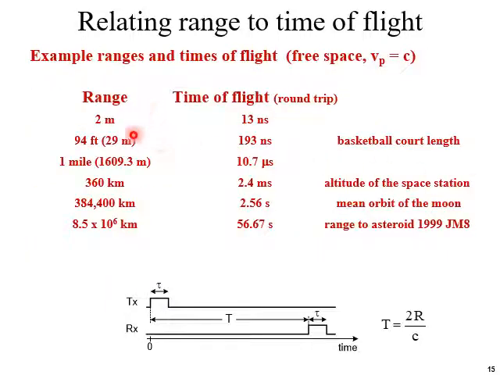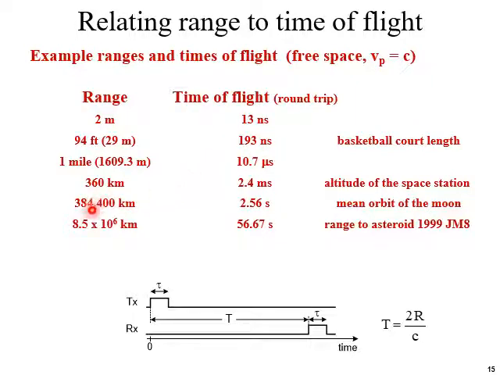So if we relate the range with time of flight, if the range is 2 meter, time of flight is 13 nanoseconds. If the range is nearly 29 meter, which is the same as the basketball court length, it is 193 nanoseconds. So in this way we can map it.